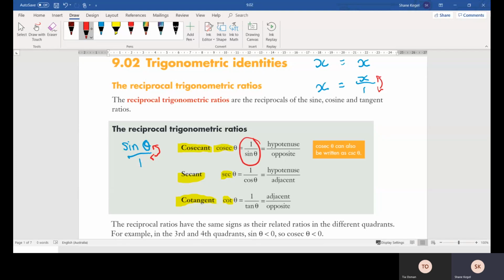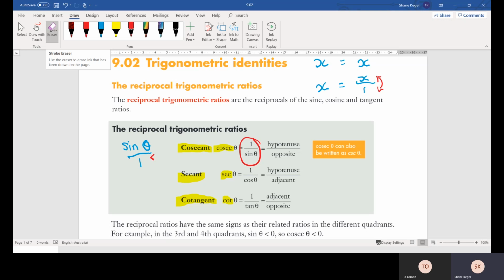So we get 1 on sine theta, the reciprocal of sine. That can also be written, as you see it on your calculator, cosec is the same as sine inverse. We're taking our sine ratio and inverting it. So cosec is the word we use to describe the inverse sine.